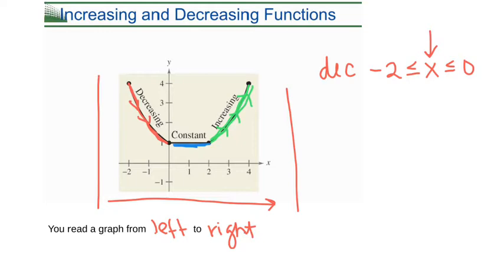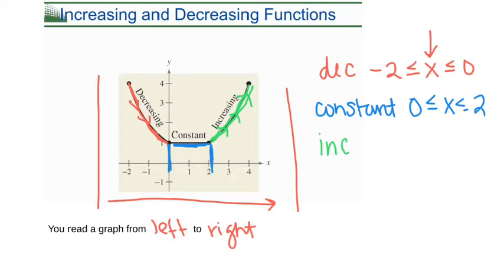Then we would say that it's constant between 0 and 2. Between 0 and 2, left and right, it's staying constant. Then we would say it's increasing from 2 to 4. So from 2 to 4, the graph is going up.